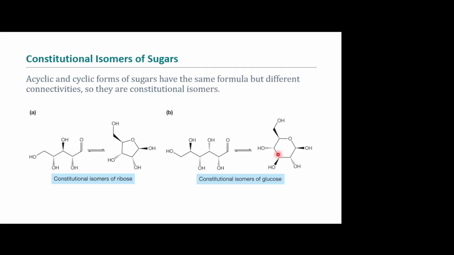That's the same for glucose, by the way. This right here is the ring form of glucose. 99% of glucose is in this form in your body, the ring form. Very little of it is the straight chain form. Though, to be fair to the biochemistry people, in a physiological environment the reaction that does this ring closing and opening is very easy to accomplish.